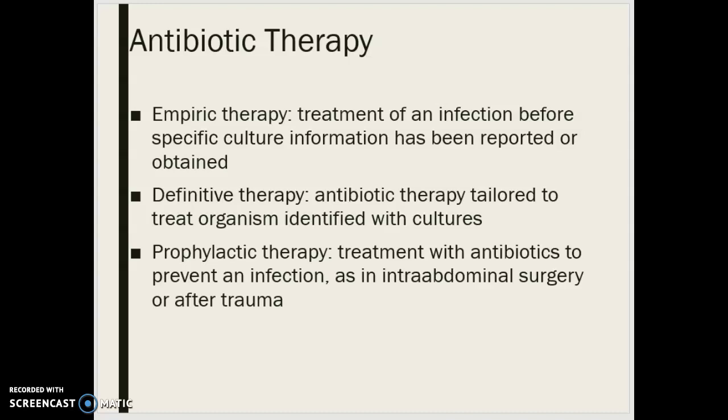Narrow spectrum antibiotics act on a single organism or a few groups of organisms. So they're very specific, and it's ideal that we can get more specific. It doesn't always happen though, because we don't culture everything. That's not realistic, as I said earlier. The narrow spectrum antibiotics then are very focused.